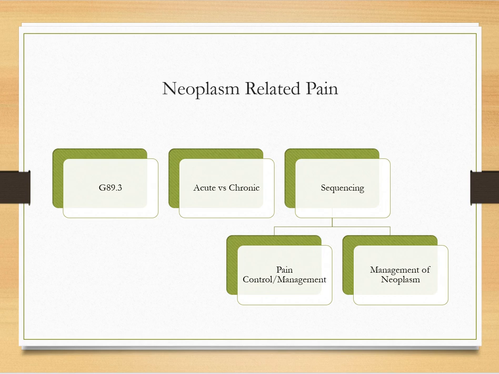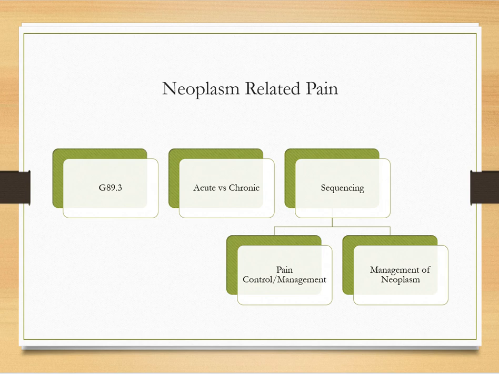We have code G89.3, which describes pain that is documented as related to or associated with cancer. It doesn't matter whether it's primary or secondary, or it could also be a tumor. This code is utilized regardless of whether or not the pain is acute or chronic.